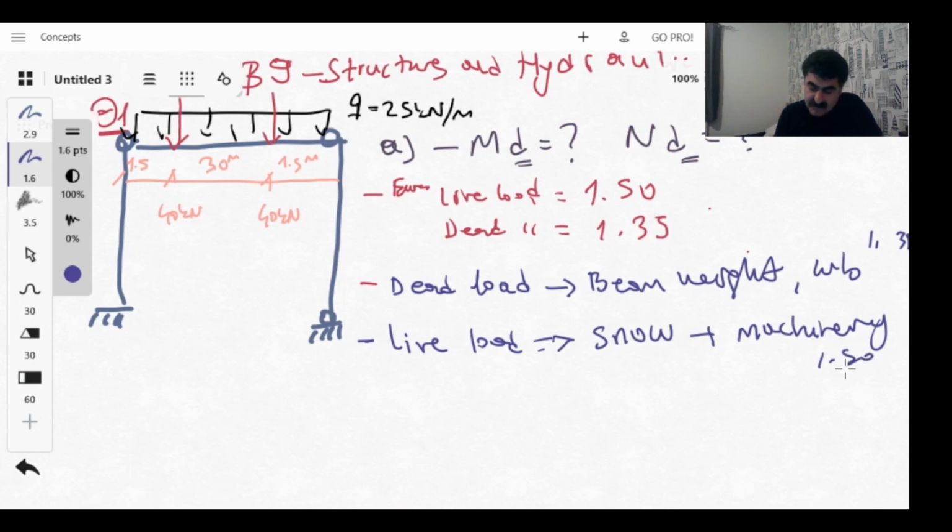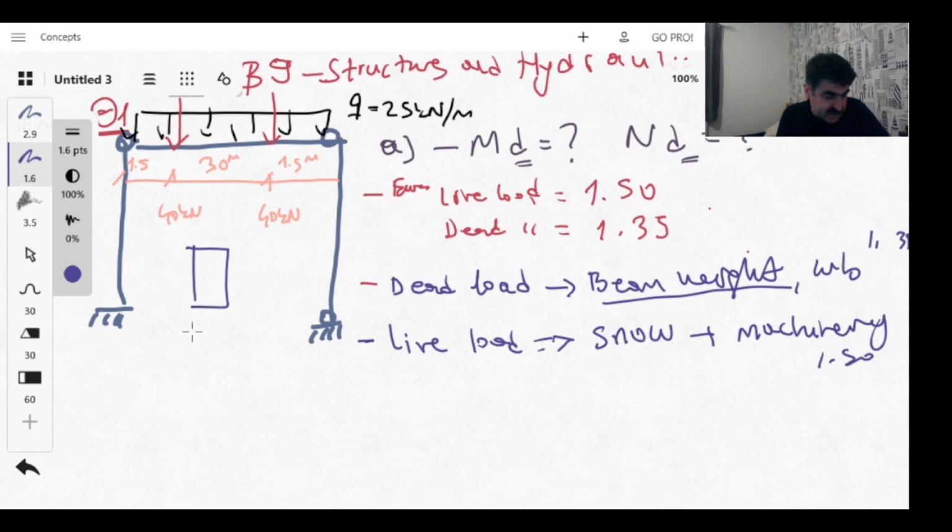So let's calculate the beam weight first. We know the snow, we know the machinery, but we need to calculate the weight of the beam. So how are we going to calculate the weight of the beam? We need to know the length of the beam is 6 meters, and the section of the beam, let me draw here.